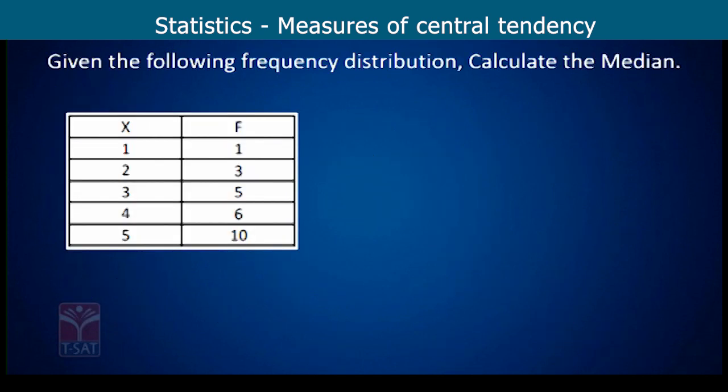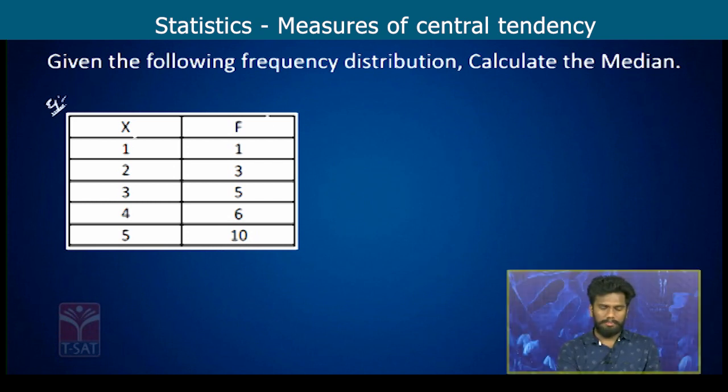Next. When there is a frequency distribution, how do we calculate the median? Now let's see the example here. The x value is given, frequency is given. I have to find the median for this data.